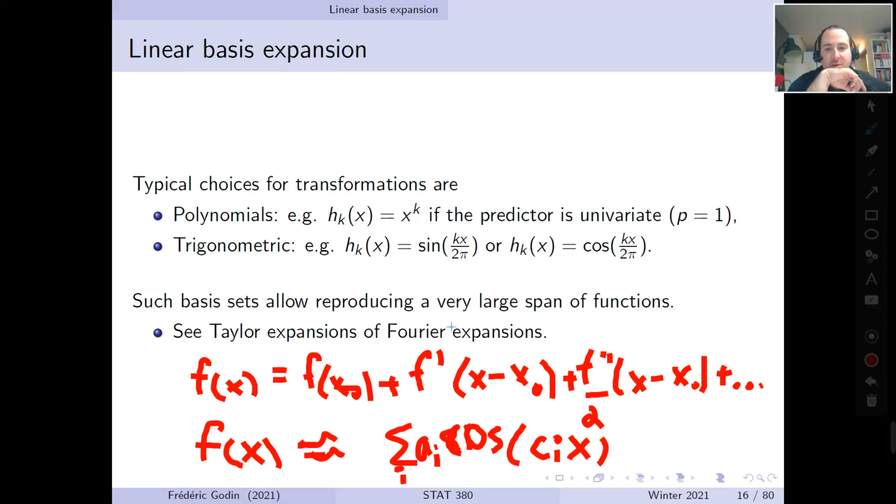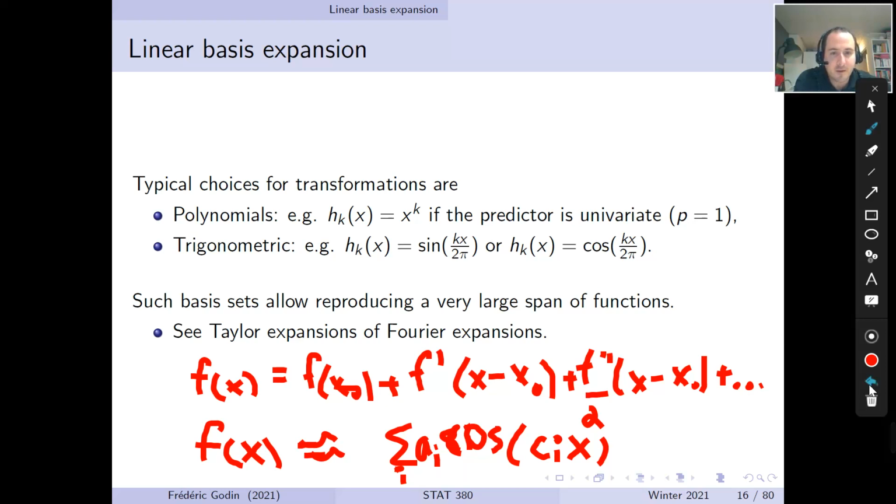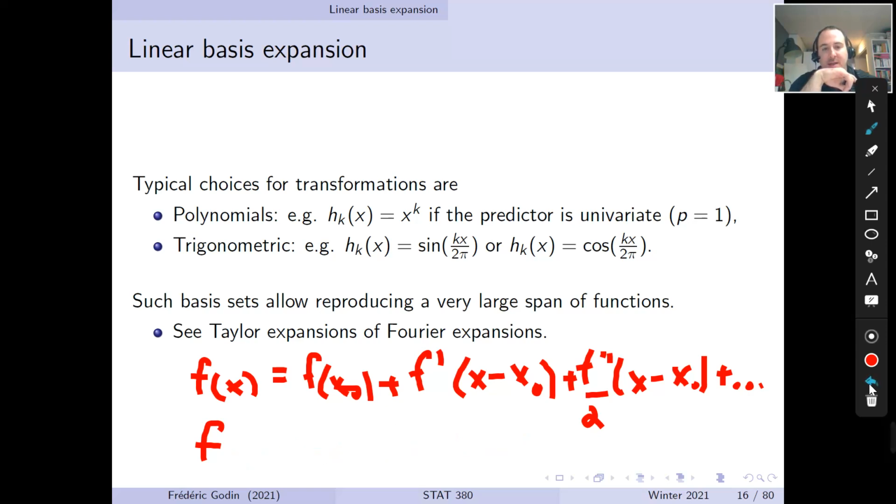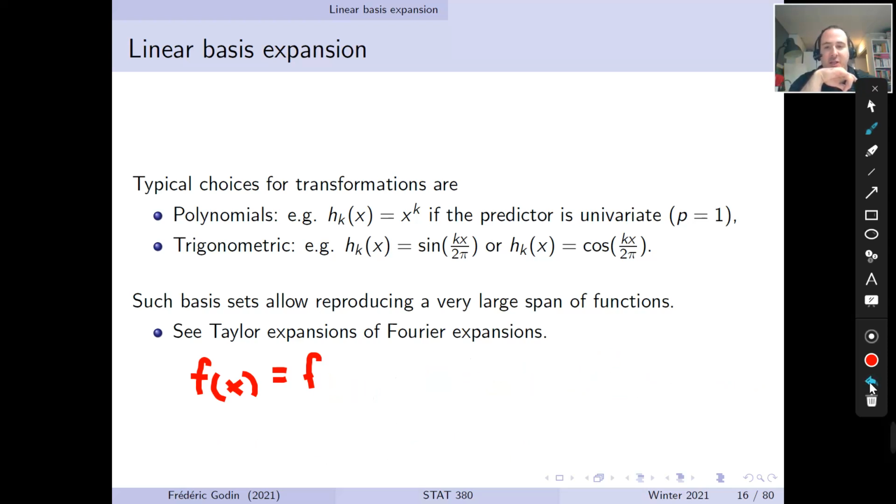So using these cosines or sines as predictors could allow you to recover these types of patterns or functions f, which drive the pattern associated with the responses. This is why polynomials and trigonometric functions are very typical choices for transformations, because such transformations allow recovering a very wide class of relationships between the response and the predictor.